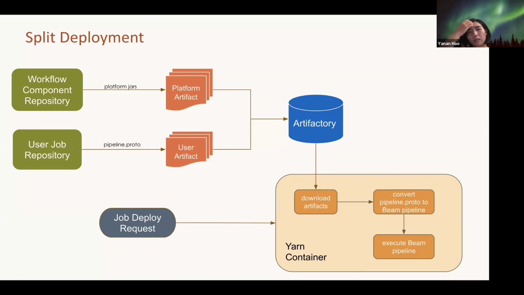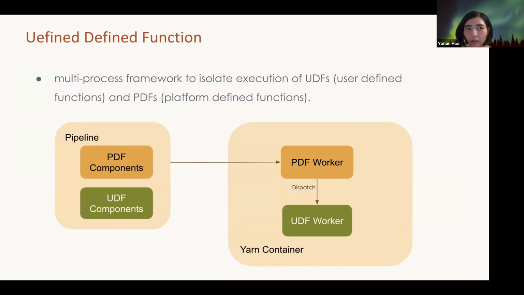So with the capability to split deploy platform code and the user code, we can roll out platform bug fixes and upgrades or new features at a much faster pace without having to wait for users to pick up the latest dependency in their own code repository.